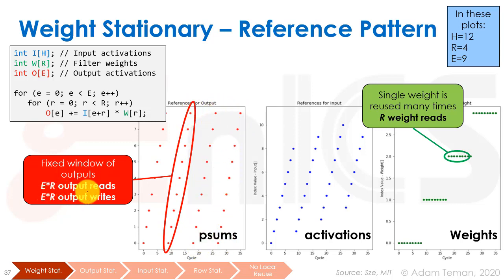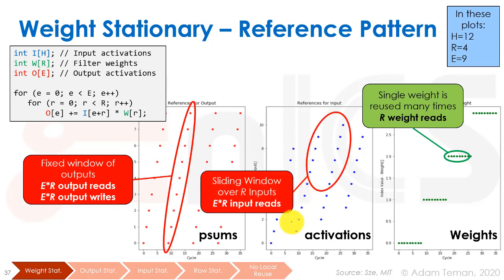It takes E times our output reads and E times our output writes that we have to go to the global buffer. And for our activations, we have this sliding type of window that keeps going up, down, up, down, and it's E times R input reads; it totally throws out the inputs E times R times. So this is really good for our weights, but not that good for our partial sums and activations.